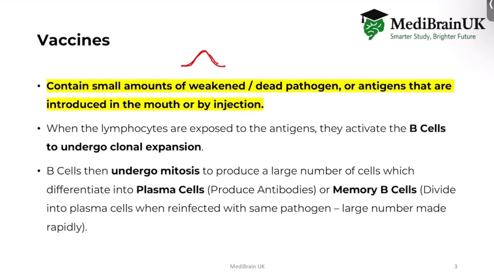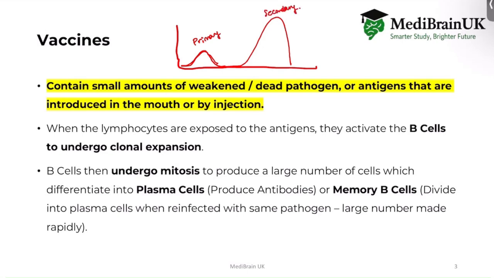And then, if you get infected with the same pathogen again in the future, your body will produce much more antibodies at a much faster rate, to prevent you from getting ill and to get rid of the pathogen from your body as quickly as possible. So this is the graph that you would normally see. This is your primary response, and this is your secondary response.